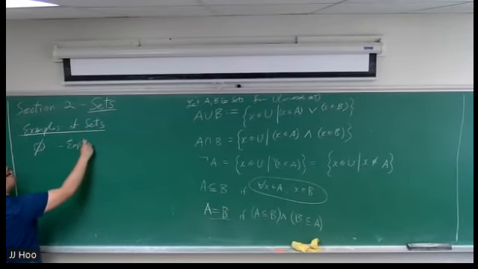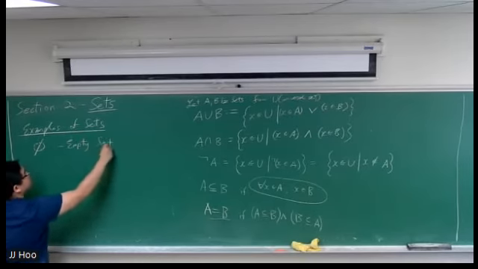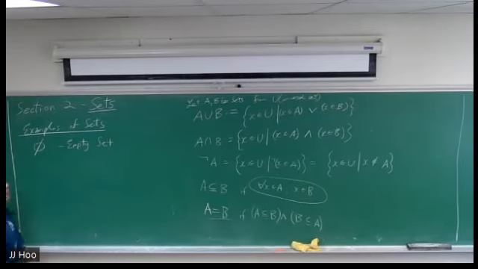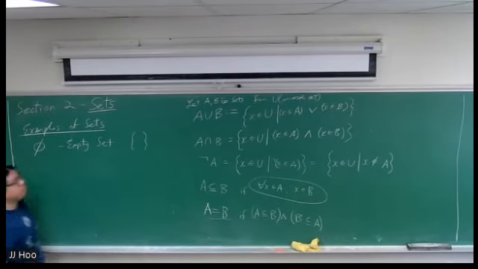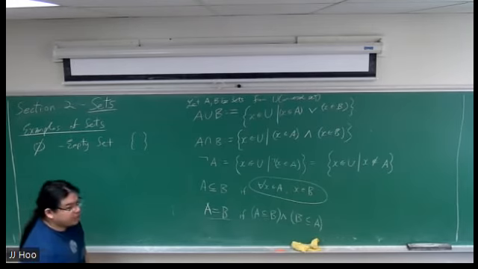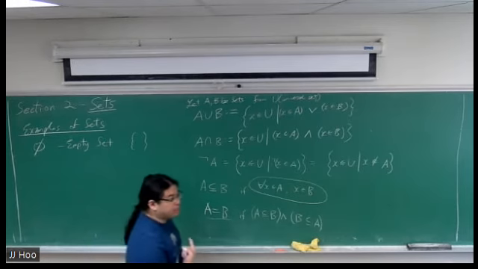This is what we call the empty set. We can also write it like this. It's a set containing nothing at all, right? And it sounds stupid to talk about, but just like we need the number 0, we need an empty set.